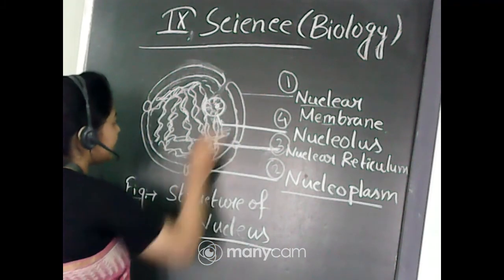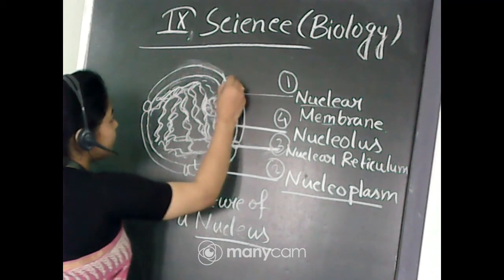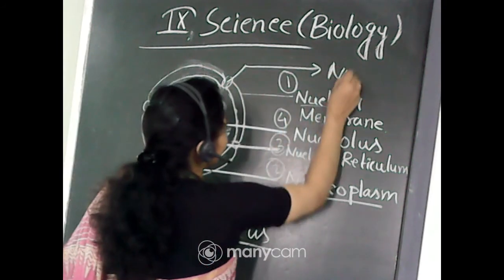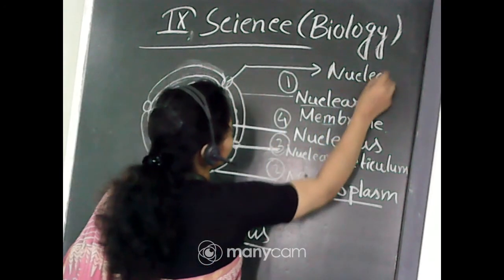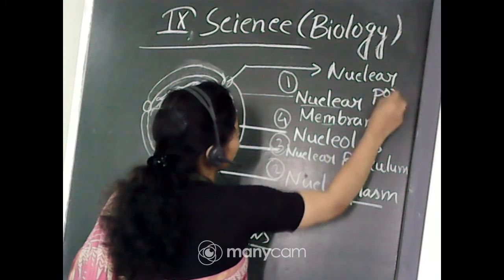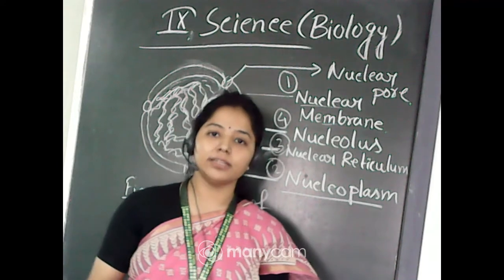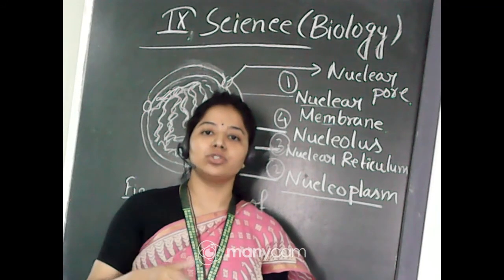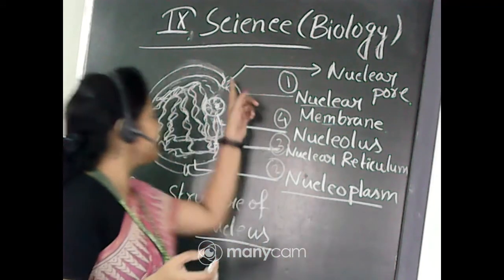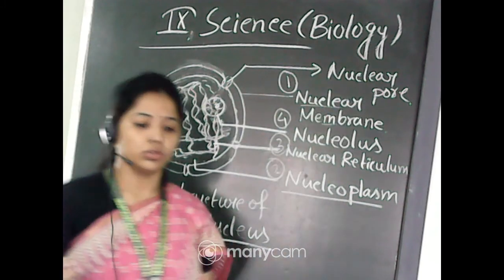Here you can see the pores. These pores are known as nuclear pores. These pores are for exchange of materials from cytoplasm to nucleus or nucleus to cytoplasm.